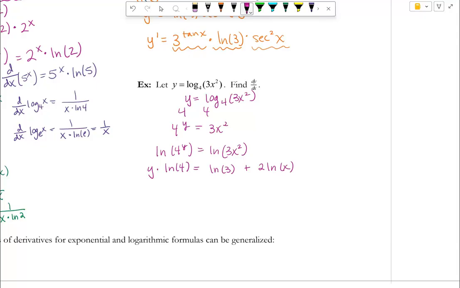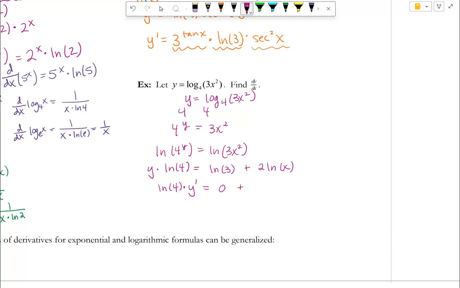Okay, so now when we take our derivative on both sides, we just get ln of 4 times y prime, because ln of 4, you could think of that like the coefficient of y. We pick up a y prime, that being implicit differentiation. On this side, the natural log of 3, since that's a constant, that derivative is going to become 0.